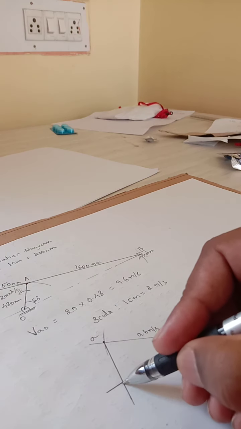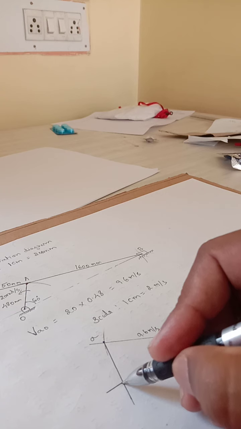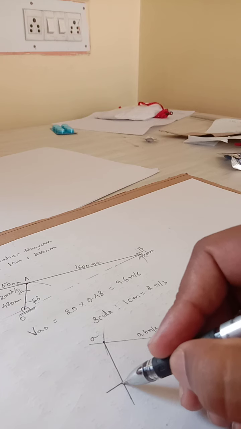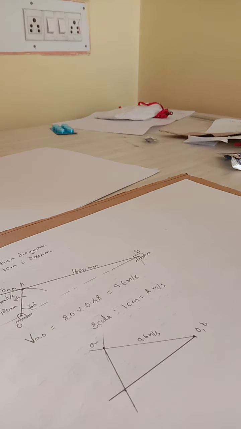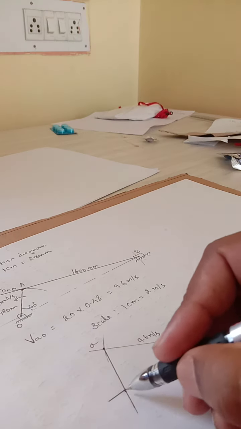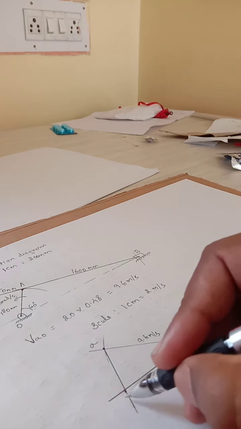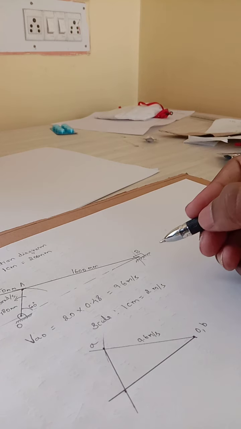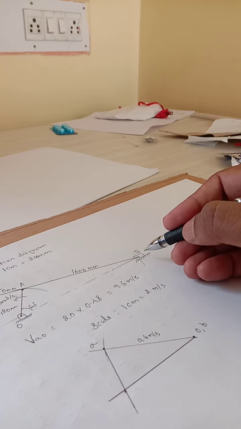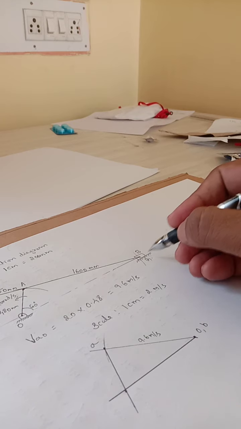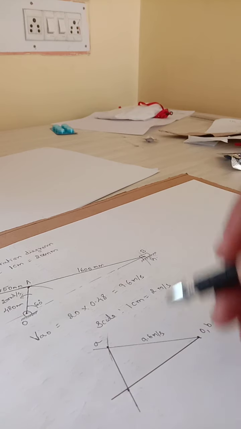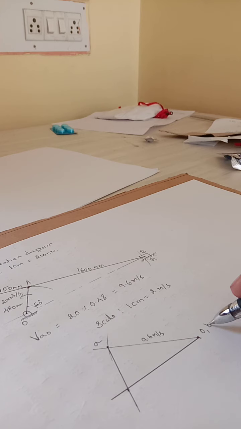Okay, sorry. The slider B is there, and this is a fixed point G. I'm sorry, OG is the fixed thing.